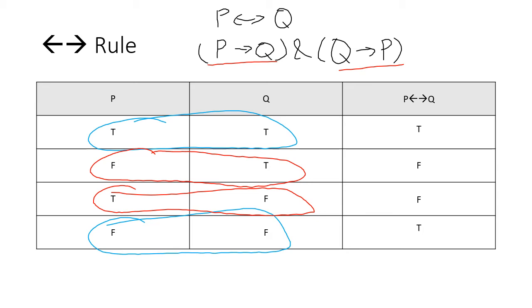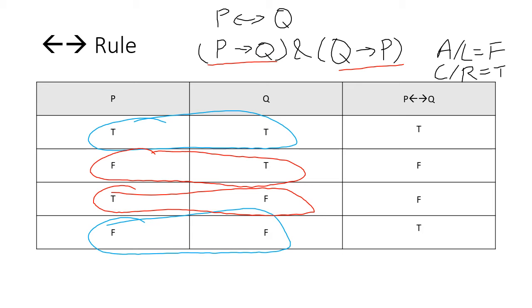And so thinking back to the arrow rule, we said it's true wherever the antecedent, or the left side, is false, or the consequent, or the right side, is true.